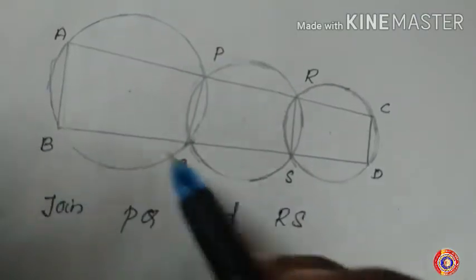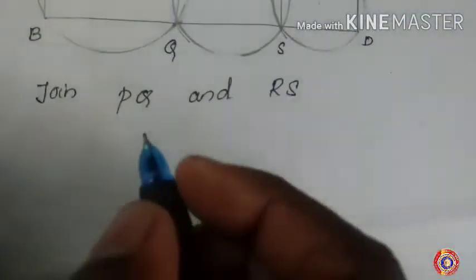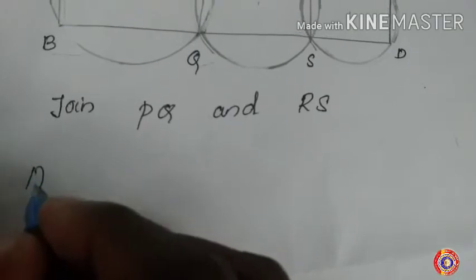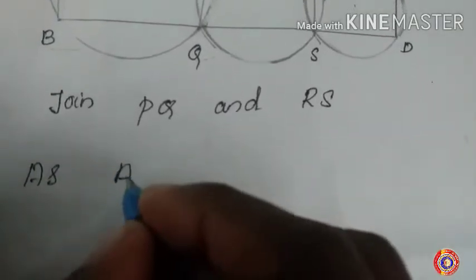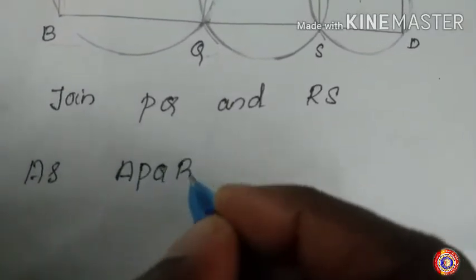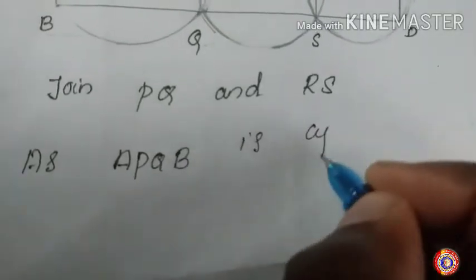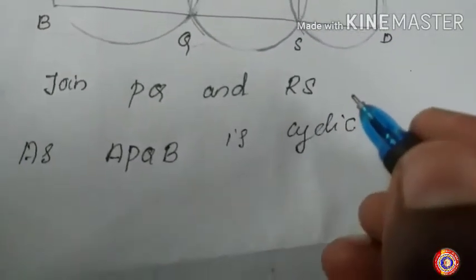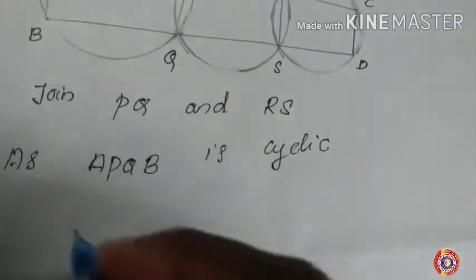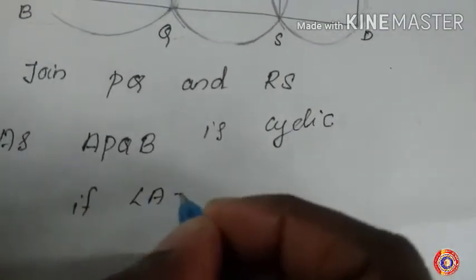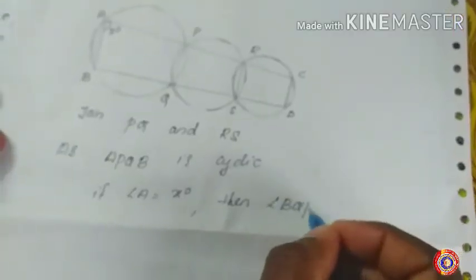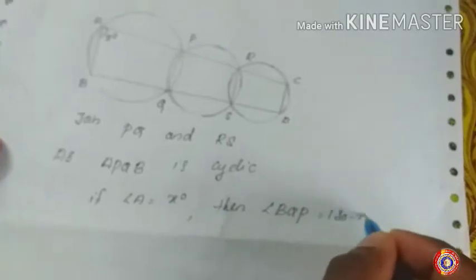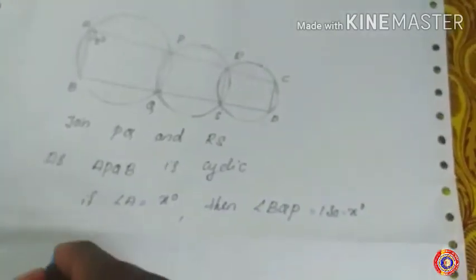As APQB is a cyclic quadrilateral, if angle A equals x, then what about angle Q? Angle BQP is equal to 180 minus x degree.